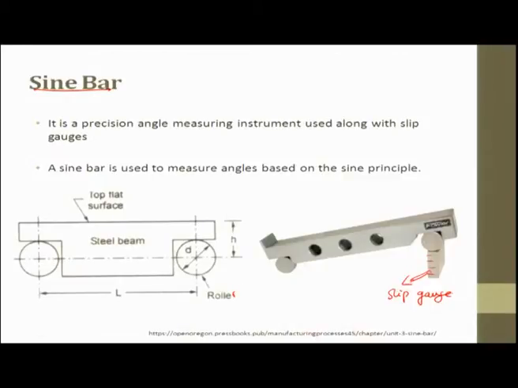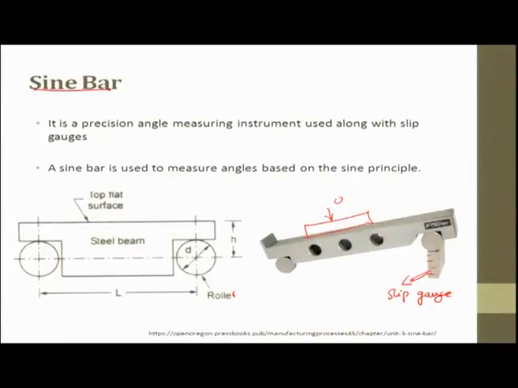So, basically what you do is you keep a height, and here is a flat surface, now you place it at an incline and then you put the workpiece here, then dial it to find out the 0. So, now you can figure out what the height is. From the height you can convert this and find out what the angle is.